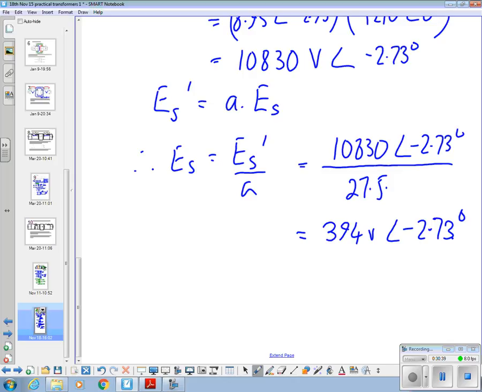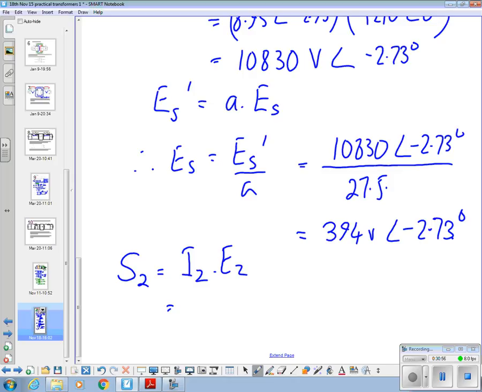And they're both at the same angle. We've got a pure resistance. We could just multiply the magnitudes together now to get S2 is equal to I2 times E2.